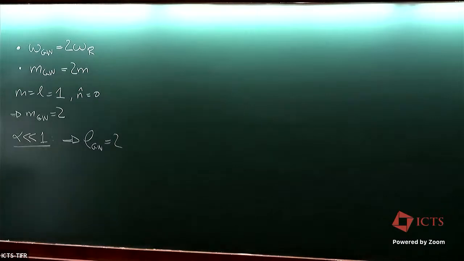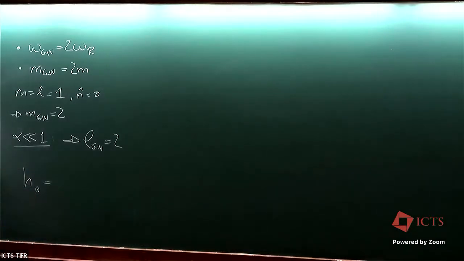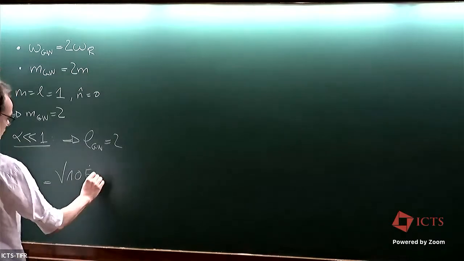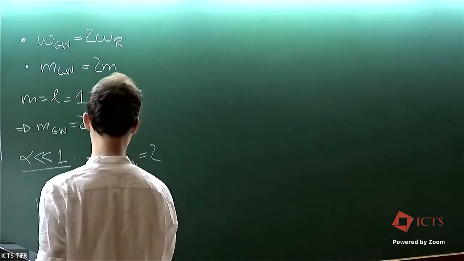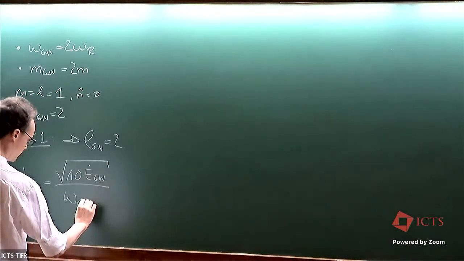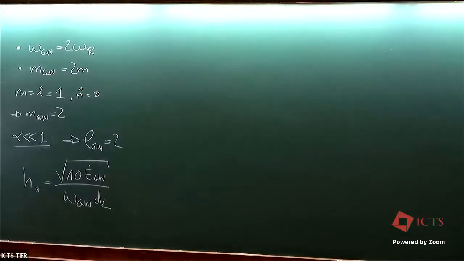And so to just briefly write this down, I'm going to define some characteristic strain amplitude, which is basically just determined by the total gravitational wave energy flux, the frequency, and then d sub L, which denotes the luminosity distance, so just the distance from us to the source.